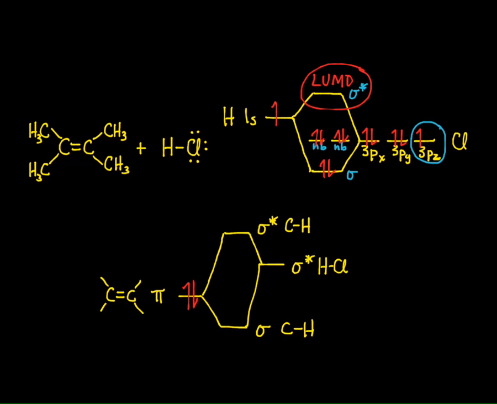And so the pi electrons, the two electrons coming from the pi bond, when they mix, they're going to donate to the sigma star of HCl, and I get a new bond, which is a new sigma bond of carbon and hydrogen. That's the first step. Now notice I also produce a carbocation as well.